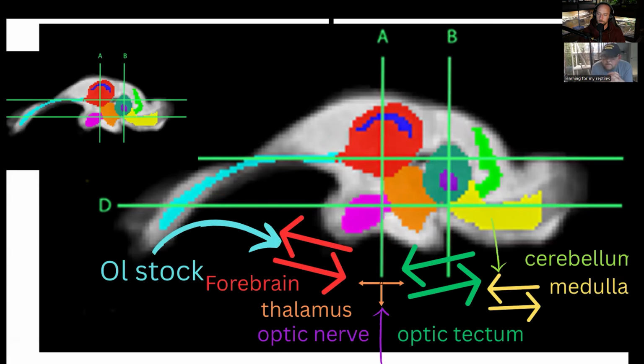It's going to move up and make some feedback loops into the cerebellum. And then it's going to go out the tectum, optic tectum, and then to the medulla or the thalamus, the thalamus. And then that's going to travel to the forebrain for them to make a decision.